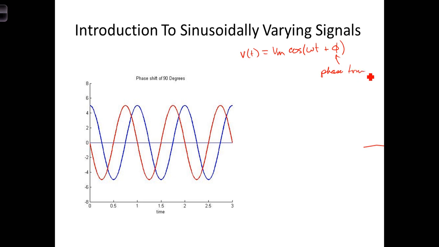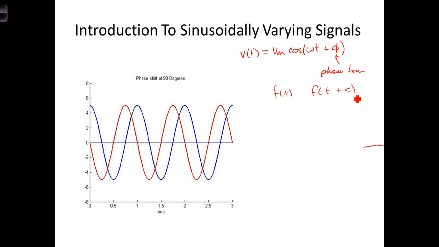If you go back to your college algebra, you'll remember that if you have some function f of t, then f of t plus some constant c was simply the function f of t shifted by c units. Now, if c is a positive number, then f of t plus c represented a shift of the original function f of t to the left. And if c was negative, it represented a shift of f of t to the right.